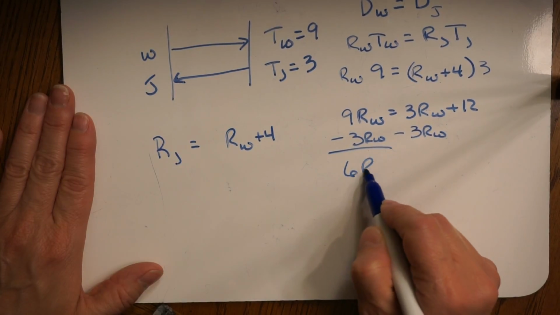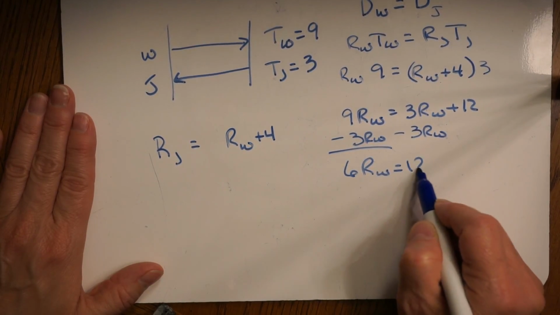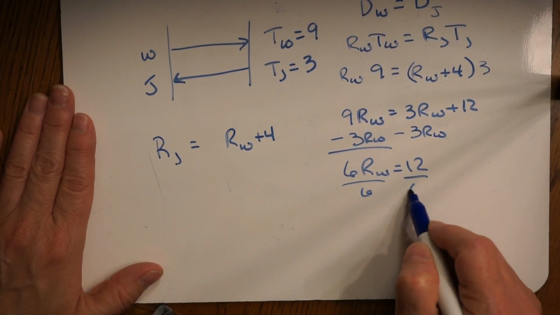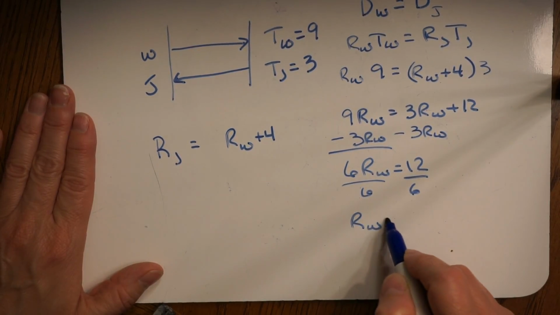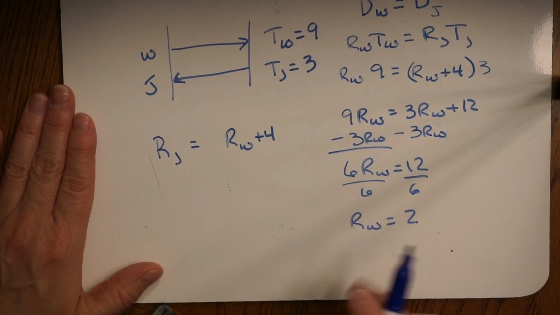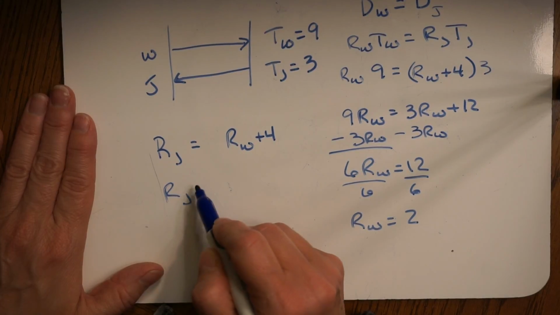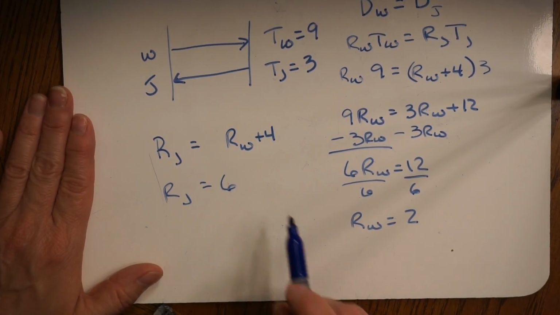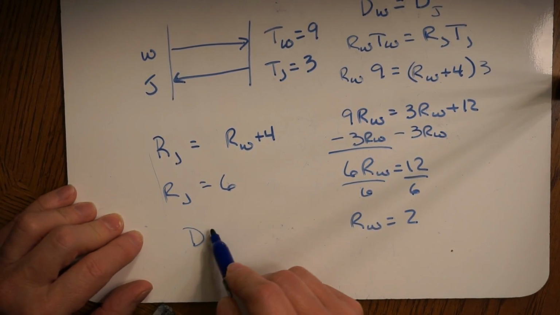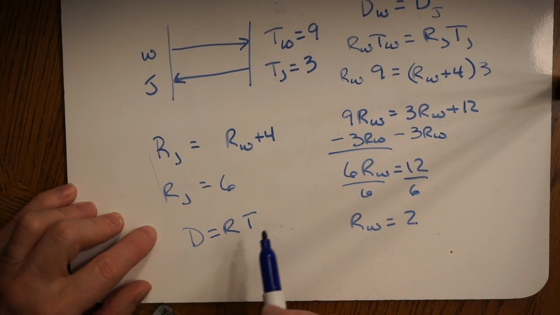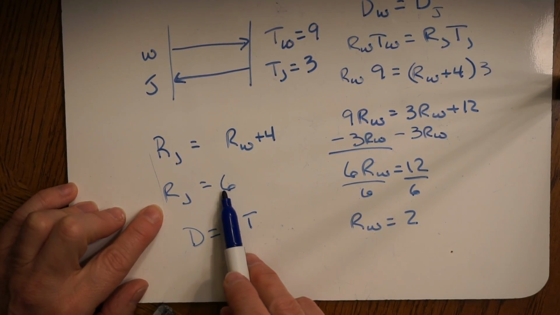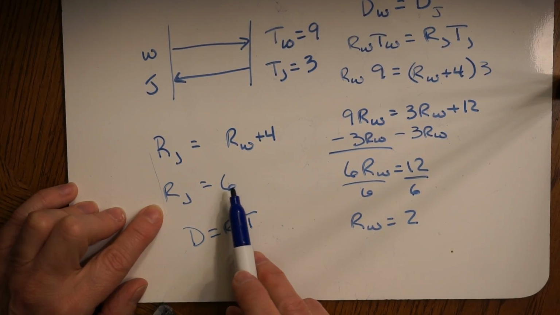So 6RW is equal to 12. So RW is equal to 2. Well, if RW is equal to 2, RJ is going to be equal to 6. To find the distance, we can do either rate times time. So let's do RJ, or the jogging.